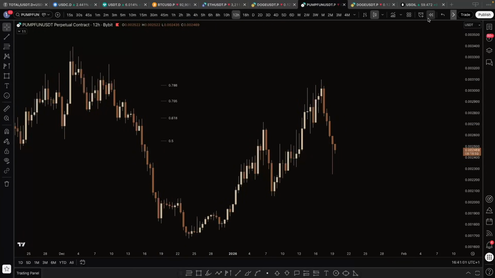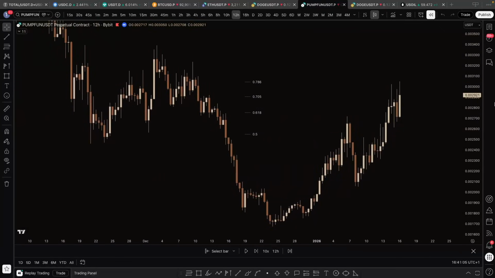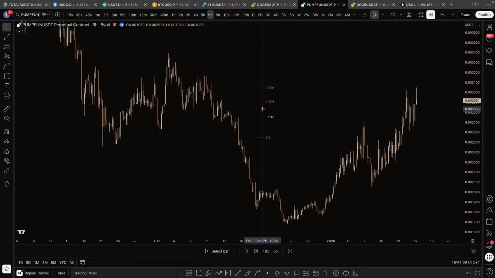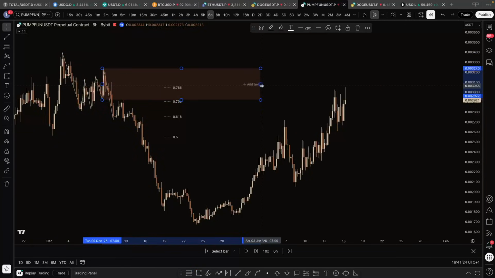But let's first go back in time as well and trade it like a real trade. So now we're going back in time. And you can see a very nice supply area above us because it is a structure supply area. You have structure going like this, making higher highs, higher lows right there. And right there, boom, you went lower, creating an inefficiency. So this is your supply area.